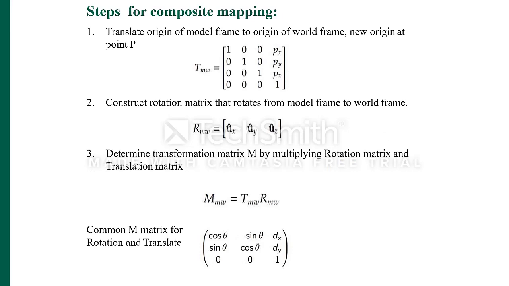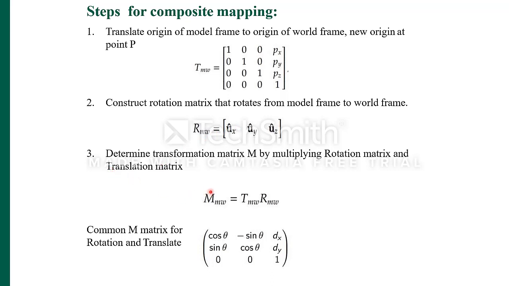The steps for composite mapping are: first, we translate the origin of the model frame to the origin of the world frame. The new origin at this point would be T new, which is this matrix. Then we construct a rotation matrix that rotates the model frame to the world frame, and this would be the new rotation matrix.